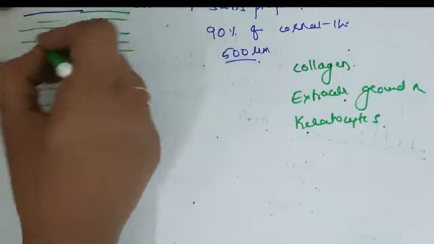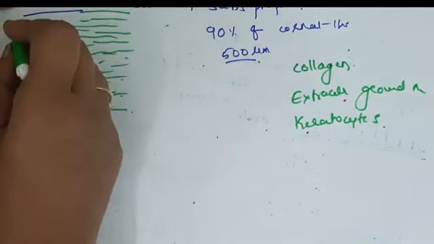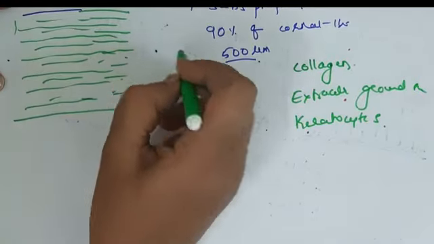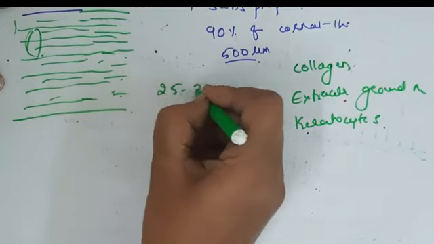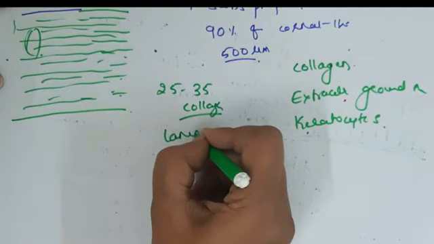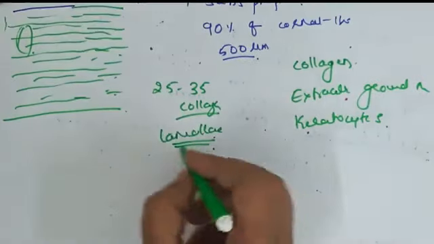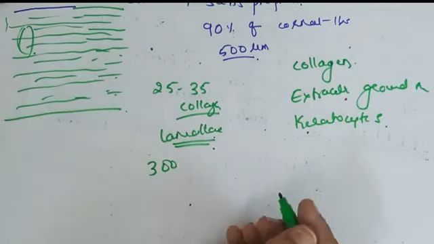The collagen fibers are arranged in the stroma in a linear fashion or in different orientation. Usually they run from limbus to limbus, okay? And around 25 to 35 of these collagen fibers are united to form the lamella, okay? There are around 300 such lamella in the cornea which run from limbus to limbus.